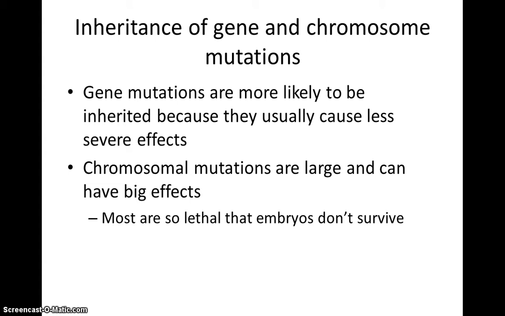Many of these chromosomal mutations we actually never even see because they're going to be so lethal. The embryos will not survive if they occur in meiotic cells. So that would be in our egg and sperm. As a result, we do actually see more disorders that have gene mutations in people because the chromosomal ones do not survive.